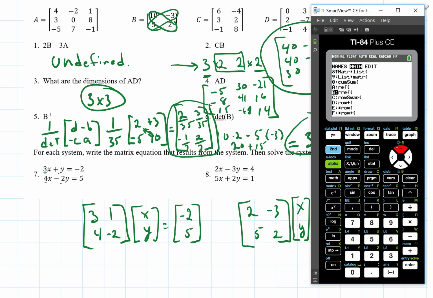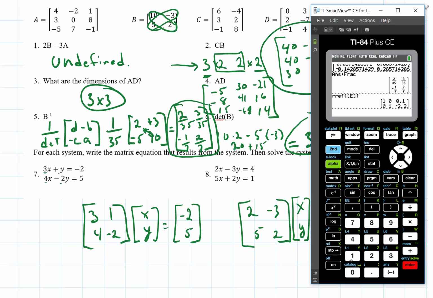RREF stands for Reduced Row Echelon Form. Calculator is automatically performing a set of row operations for us that put the matrix into reduced row echelon form. Plug in the name of the matrix we want to work on. That's matrix E. Close the parentheses. It will spit the matrix out in reduced row echelon form. Notice that our answers are given as decimals.